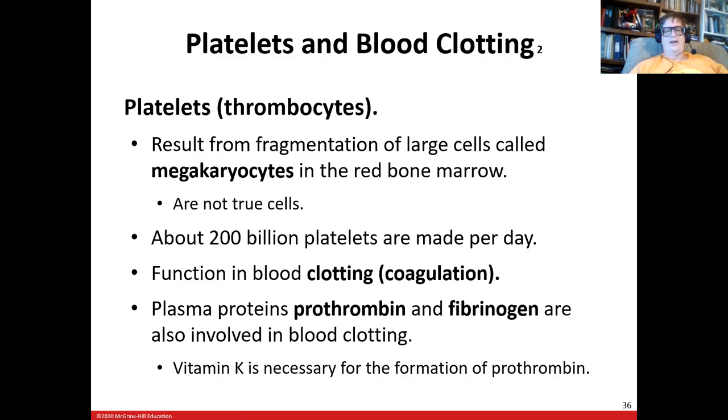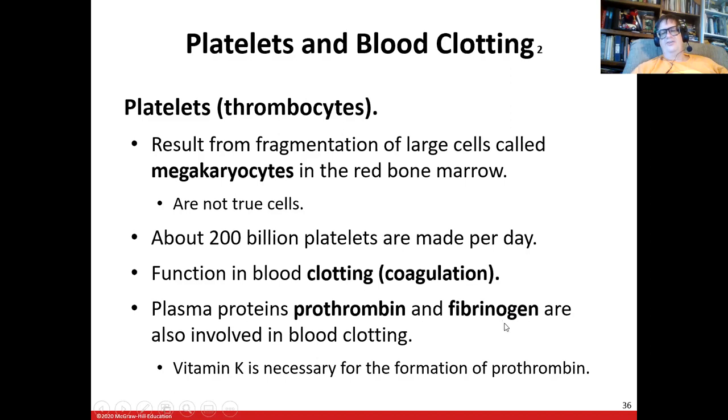Prothrombin and fibrinogen are chemicals that also do blood clotting. Pro means before. So prothrombin is something that will be turned into thrombin during the clotting process. And I told you before, -gen means we're going to generate, we're going to make.